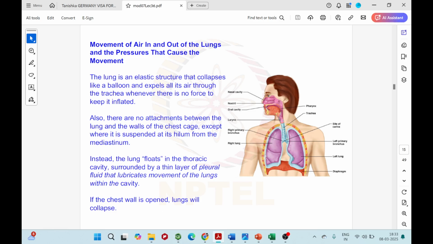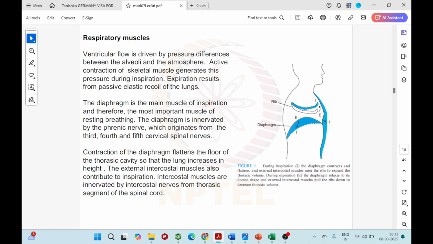So how do the lungs float and not collapse? We talked about the pleural cavity in the thoracic cavity, surrounded by a thin layer of pleural fluid which lubricates the lungs.